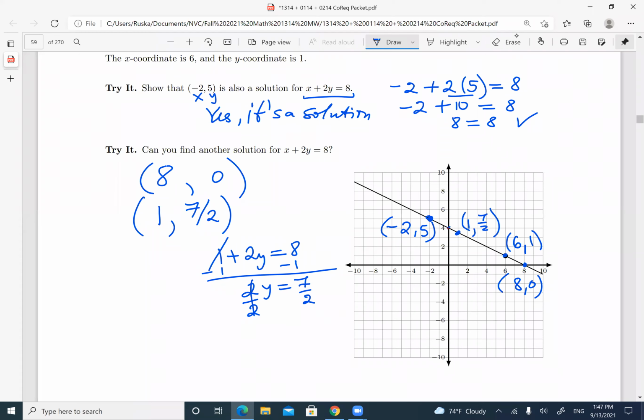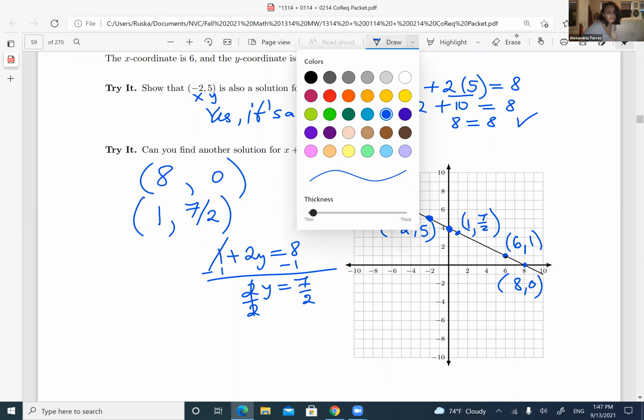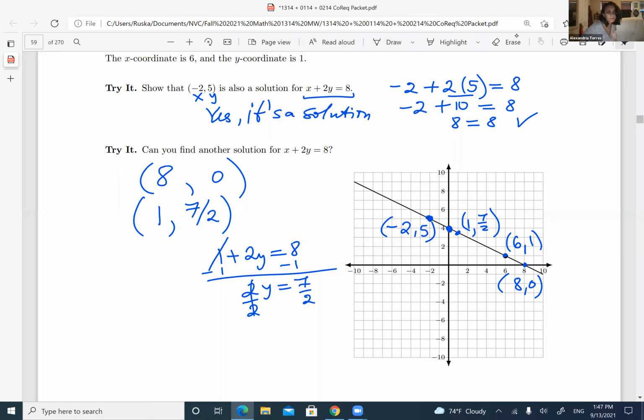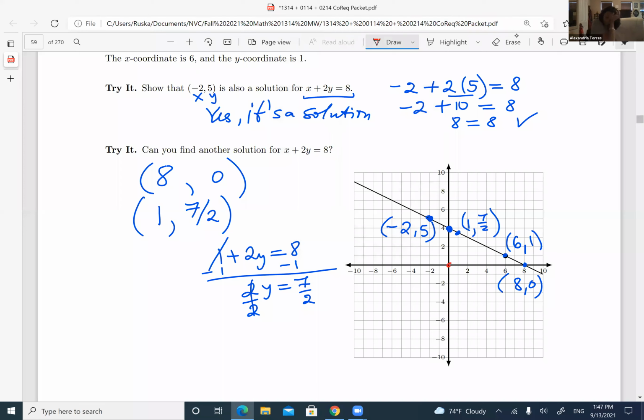Now, can you tell me what this point is, where the graph crosses the y-axis? The origin is (0, 0). Sorry, my screen disappeared.